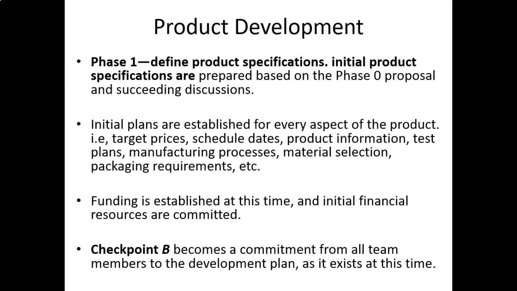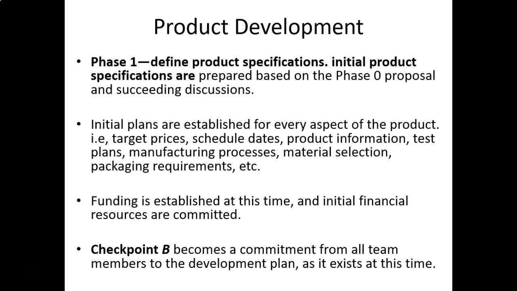Okay, phase 1, define the product specification. Initial product specifications are prepared based on the phase 0 proposal and succeeding discussion. So the initial plans are established for every aspect of the product. For example, target prices, schedule dates, product information, test plans, manufacturing processes, material selection, and so on. So basically, in phase 1, they decide what types of material they want to use.